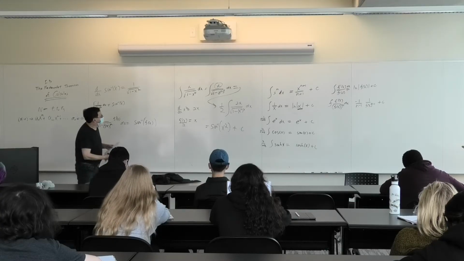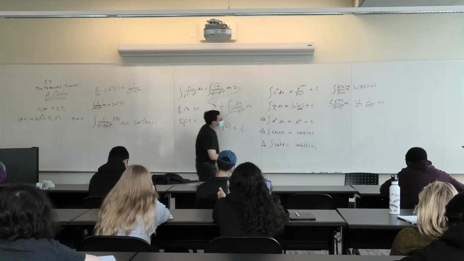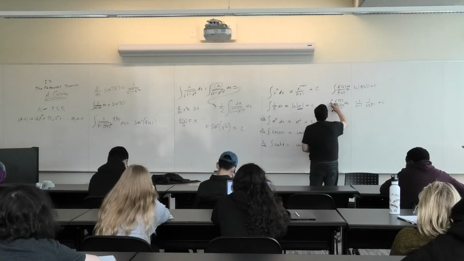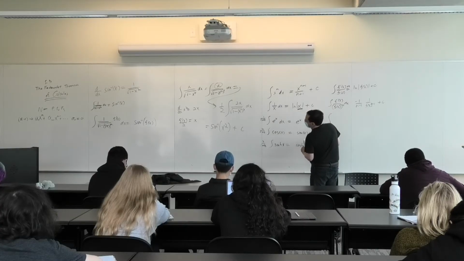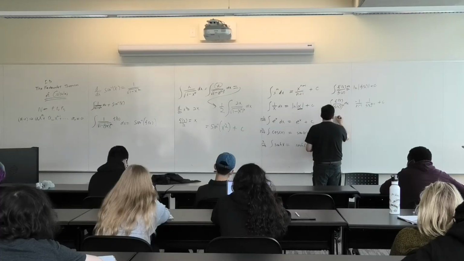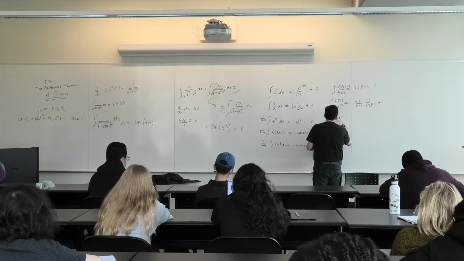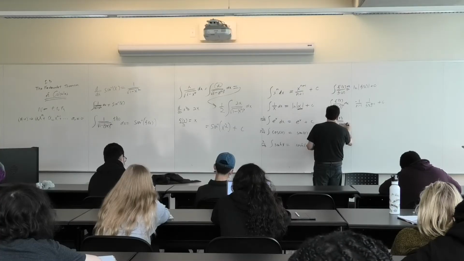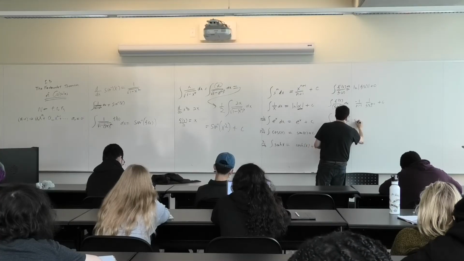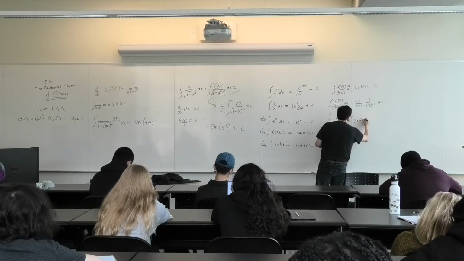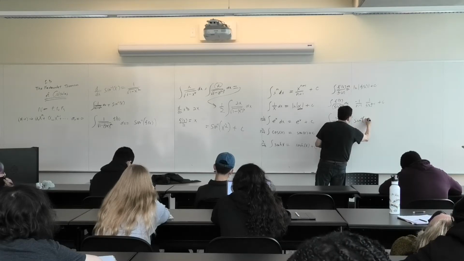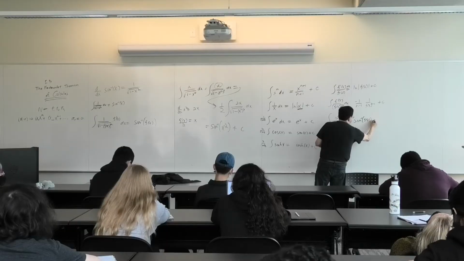So I want to write that one down here. The integral of f prime of x over the square root of 1 minus f of x squared equals inverse sine of f of x plus c.